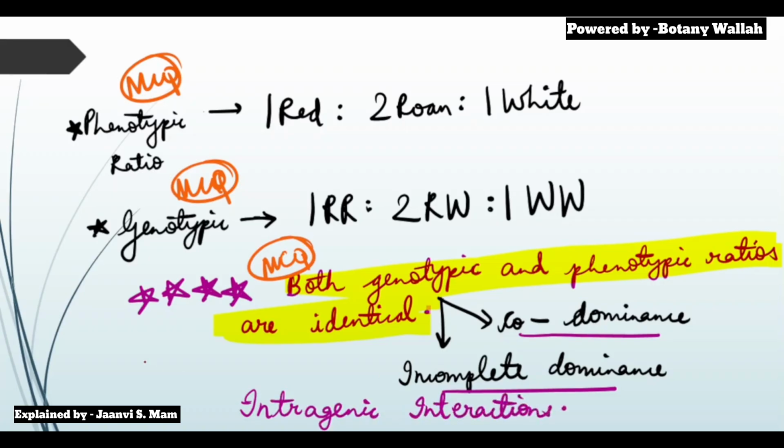Now intragenic means the interaction is between the same gene. If suppose this is the chromosome and this is the gene which we are talking about, the interaction is between this only, among the same gene. Suppose I draw it here, and you have this as the gene.